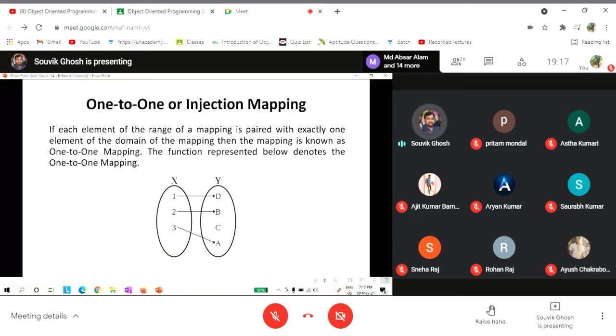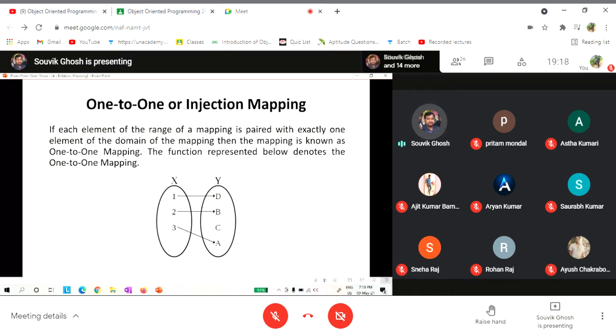Here you can see there is a picture. In the domain, that is the set X, we have three elements, 1, 2, 3. In the set Y, our codomain, we have four elements, A, B, C, D. But what is the range? The elements in the domain are related to certain elements, and those elements make up the range.